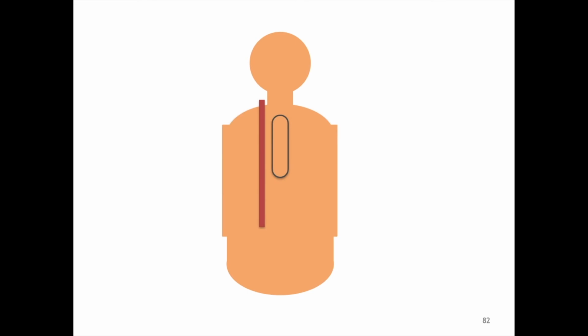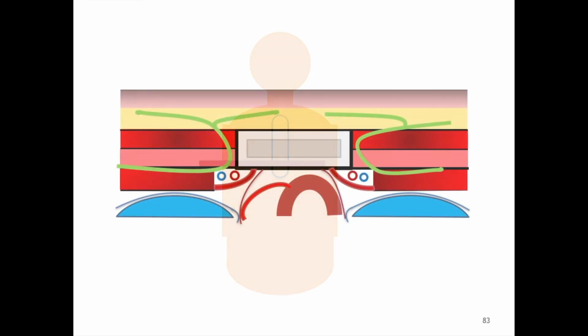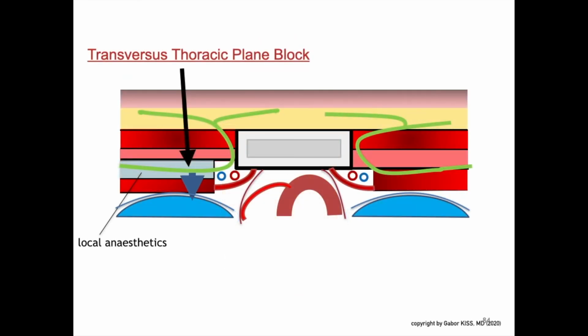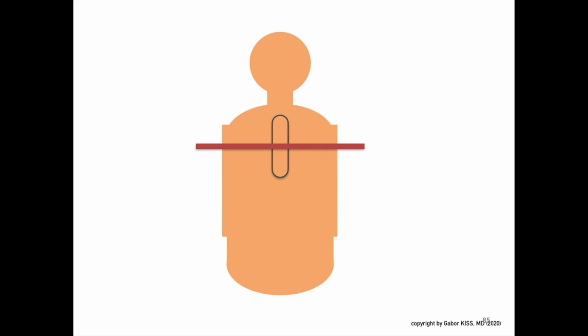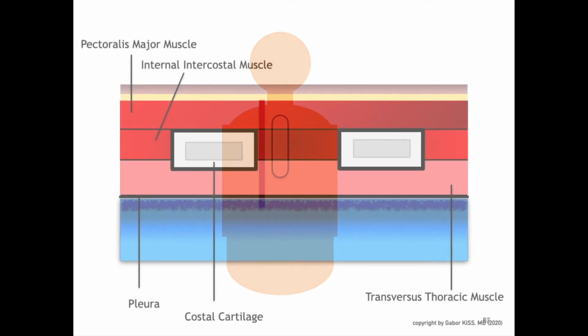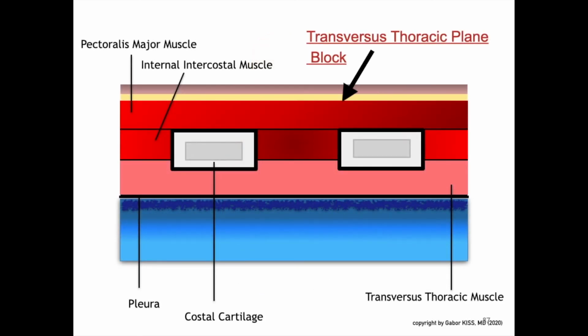We will leave the sagittal cross-section view and look at the local anesthetic spread in a transverse cross-section view. Leaving the transverse cross-section and going back to the sagittal parasternal cross-section view, we can see the spread of local anesthetic in a TTP block.